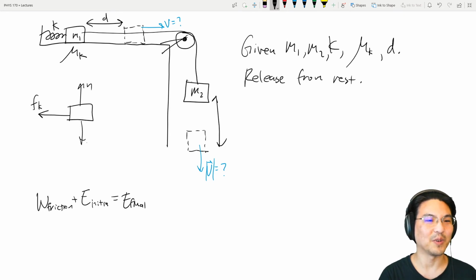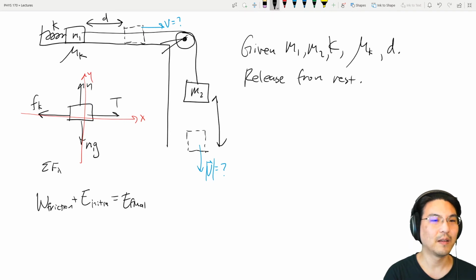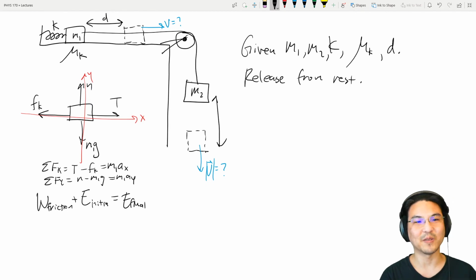So I'll draw the free body diagram. Okay, so that's the free body diagram for the block. I'll pick coordinates. Okay, so in the x direction, okay, and in the y direction, and the block is moving in the x direction.